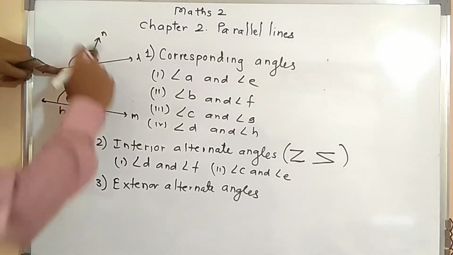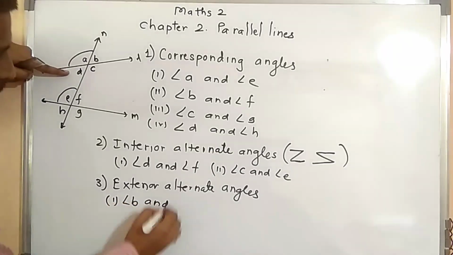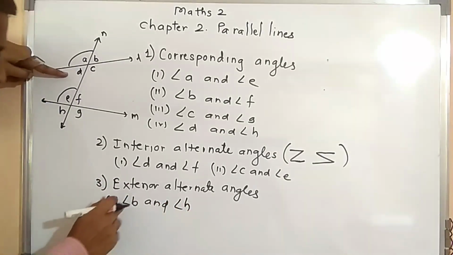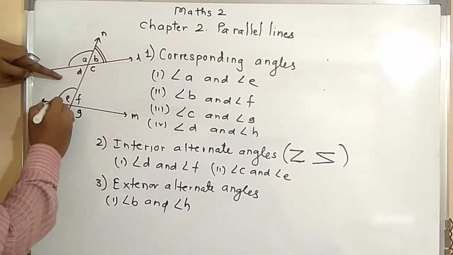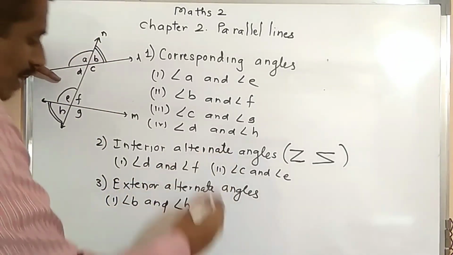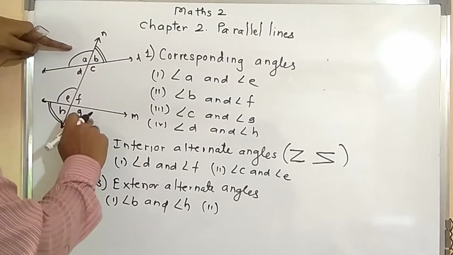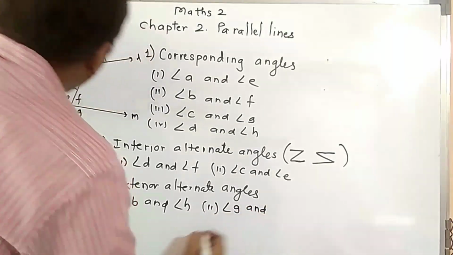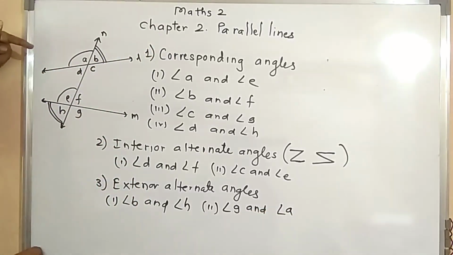Opposite of angle D is angle B, and opposite of angle F is angle H. So angle B, this angle, and angle H, they form exterior alternate angles, and the second pair is angle A and angle G. Angle G and angle A.